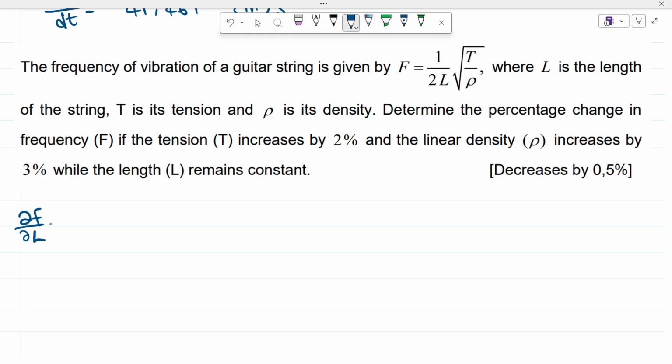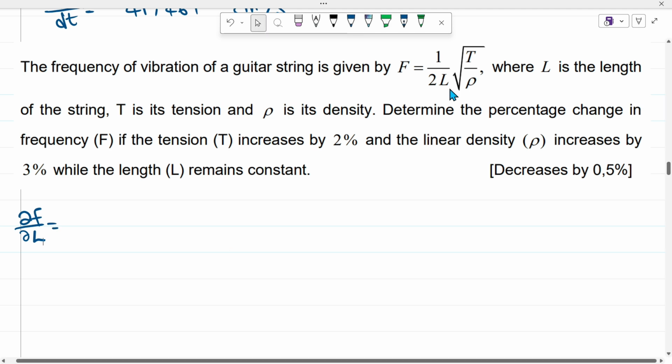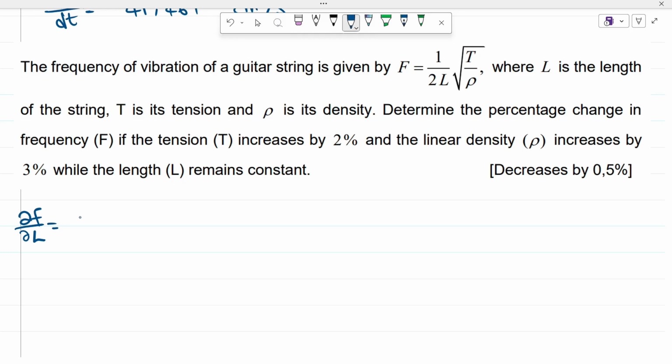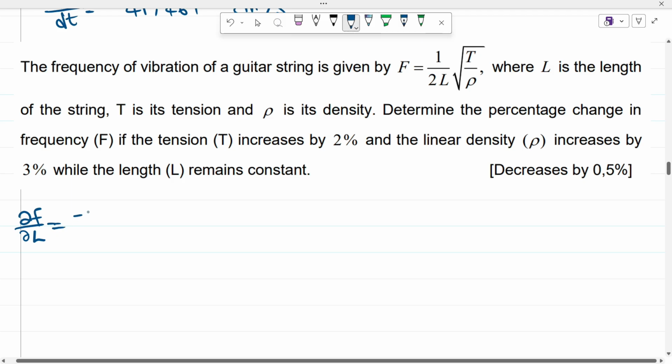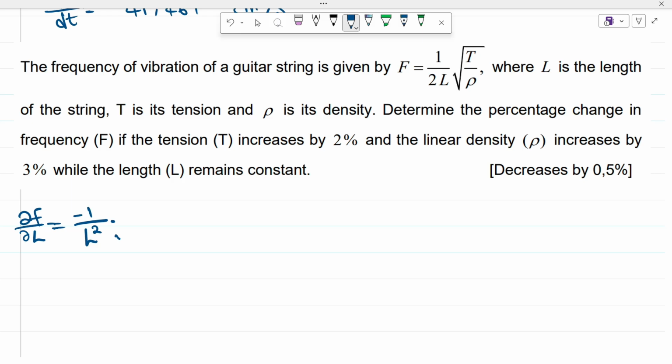When we start with L, we're going to take L up, that will become L to the power of negative 1. Then we differentiate, and we'll get negative 1 over L squared multiplied by the root of T divided by density, just like that.